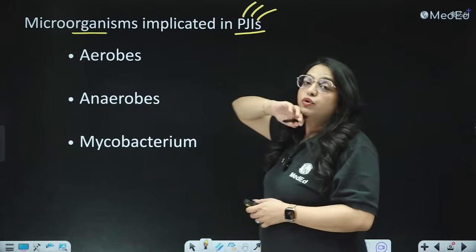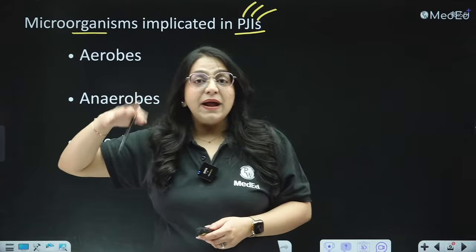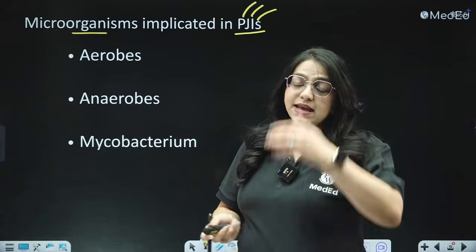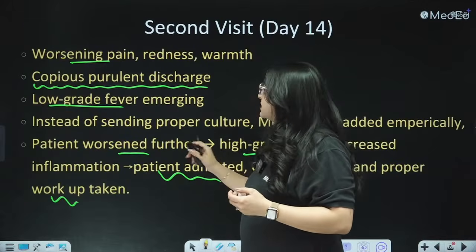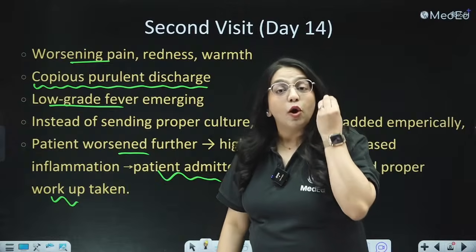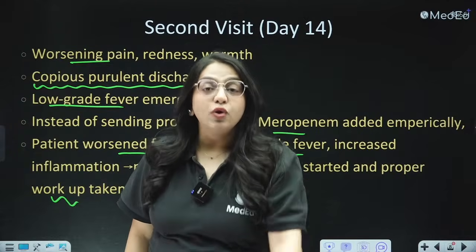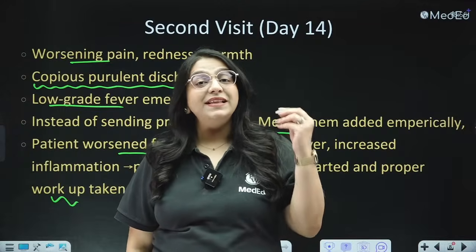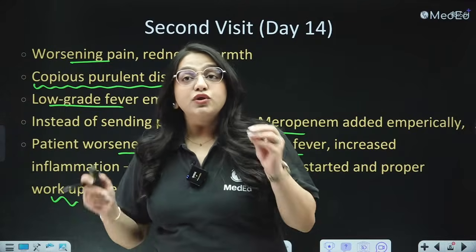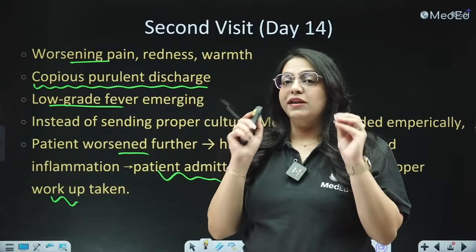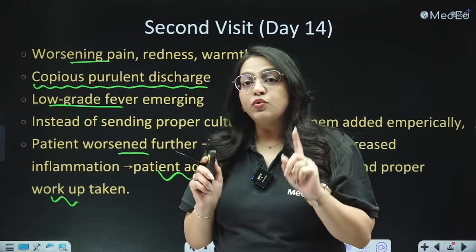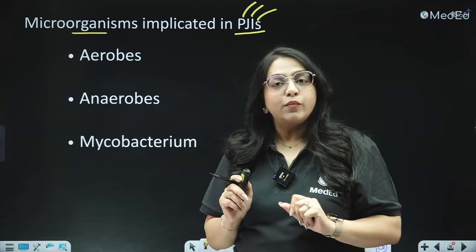We don't know now, because even despite giving so many antibiotics, and because now it is becoming a systemic kind of picture, probably the implant that you have given, the prosthetic joint that you have placed in the patient, is also infected. So now you first want to have knowledge of what organisms can actually infect a prosthetic joint.